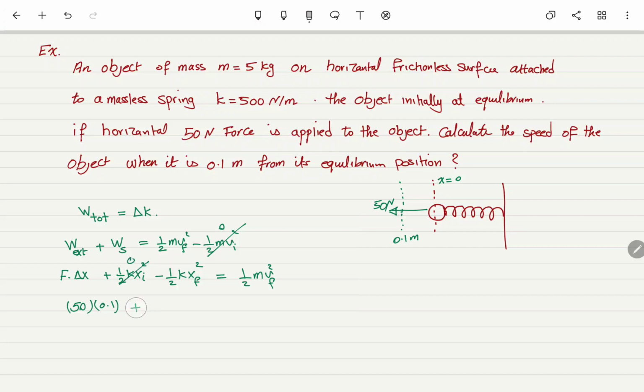Instead of plus, we should have minus half k x final squared, where k equals 500 newtons per meter and x final is the final position, 0.1, squared, equal to half times 5 times v final squared. You simplify the equation: v final squared equals 1, so v final equals 1 meter per second.